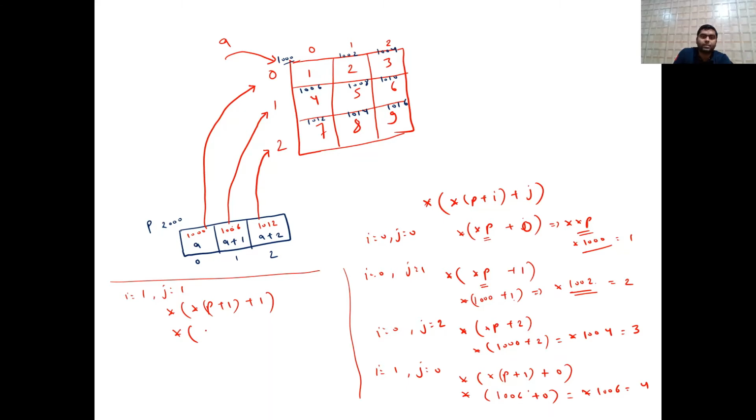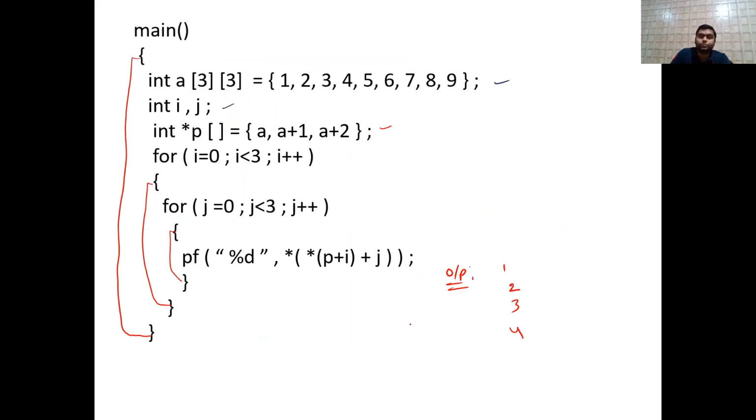So first row selection is going to be 1006 and plus 1, so *(1008). So what is the value at 1008? Observe carefully, it is 5. So this will return you 5 as the answer. Likewise you will get 5, 6, 7, 8 and 9. So this is your required output.